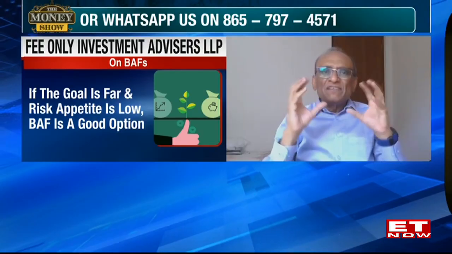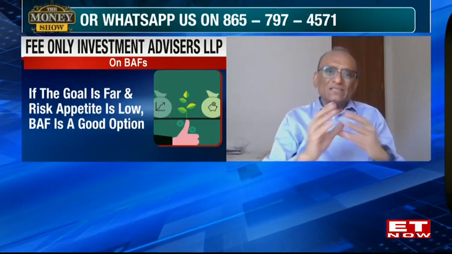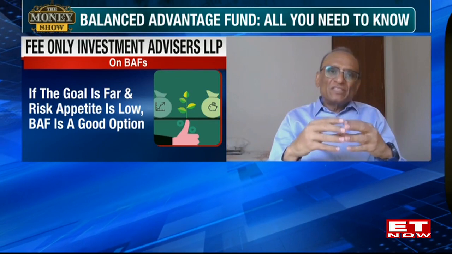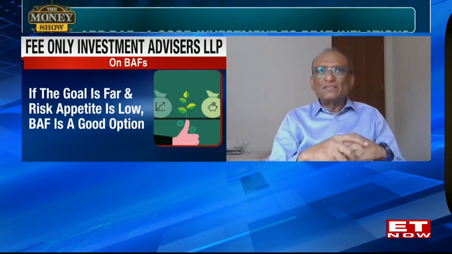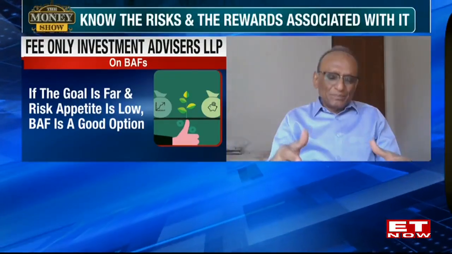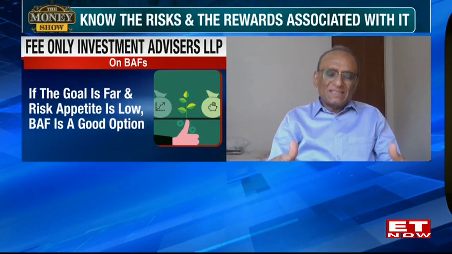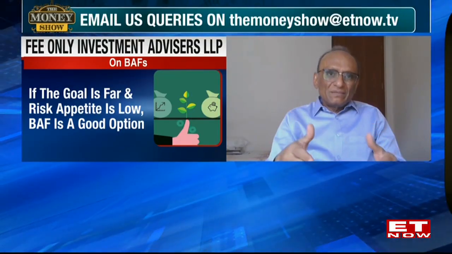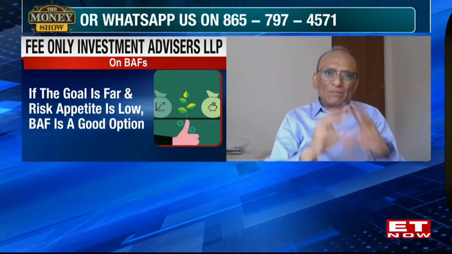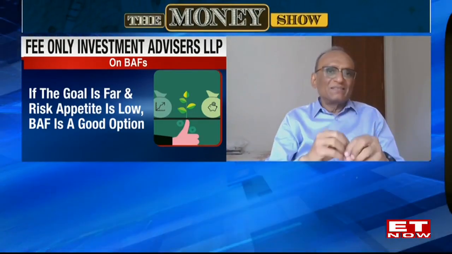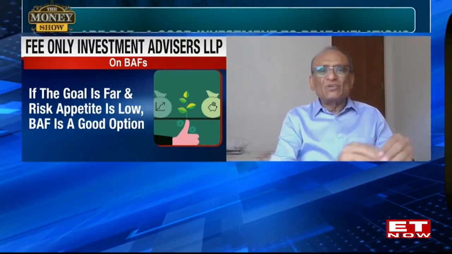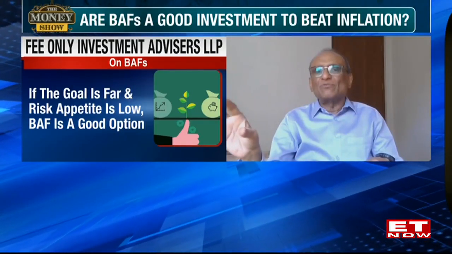So I think it is very much part of your asset allocation and how that is decided. Now, which kind of a balanced advantage fund to choose, how to choose? So the way we look at it at our firm is basically we look at the formula because there needs to be a formula based allocation in any balanced advantage fund. Now, the standard information document does not contain the formula.